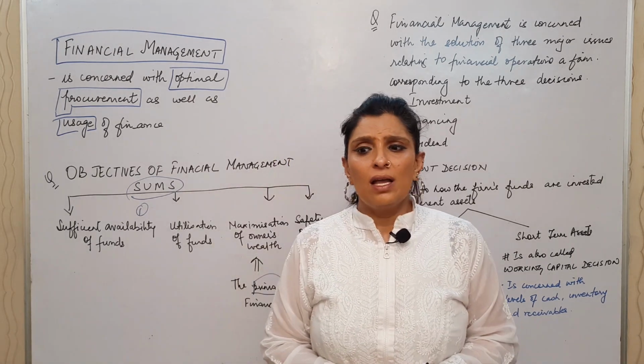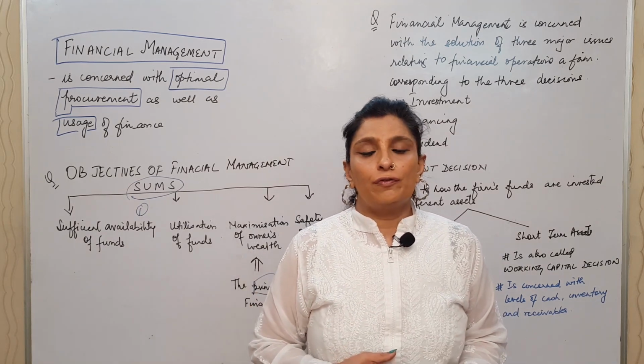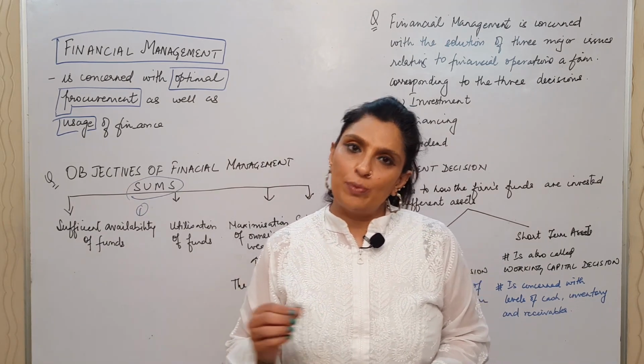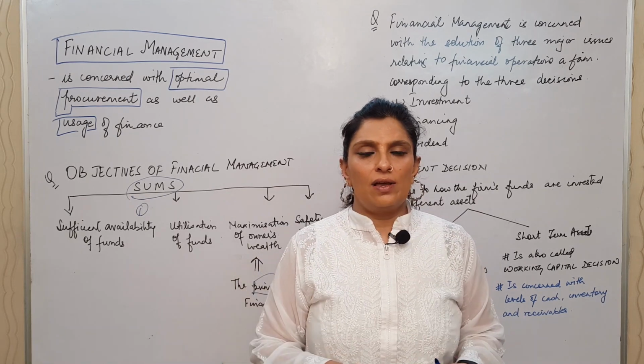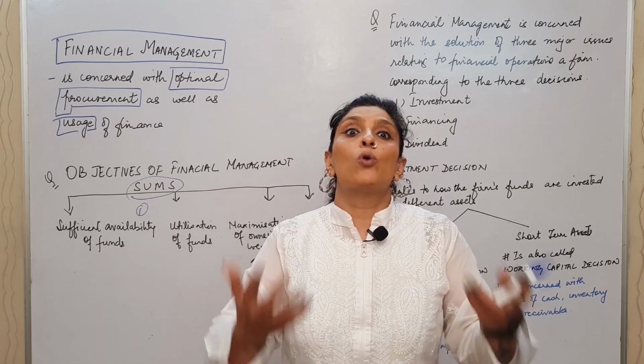Now what happens is, when we talk in terms of cost, we say debt is a cheaper source of finance. Good enough. When we talk in terms of returns, we say we should get more returns.